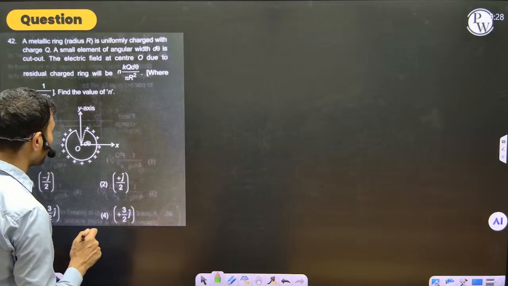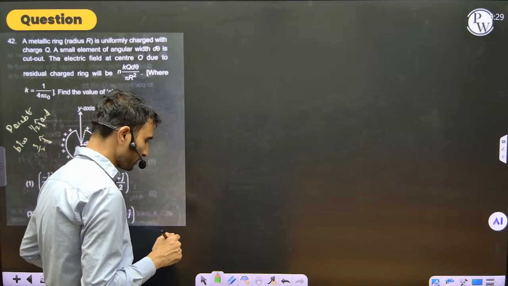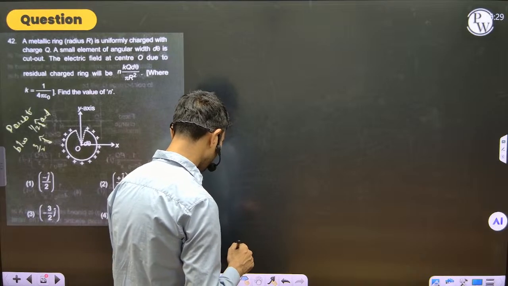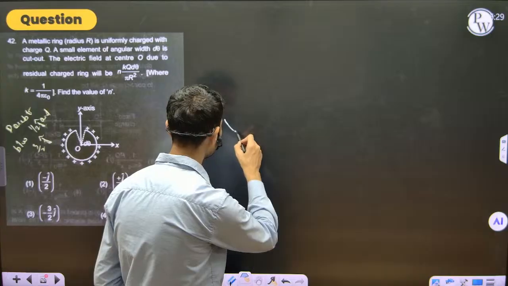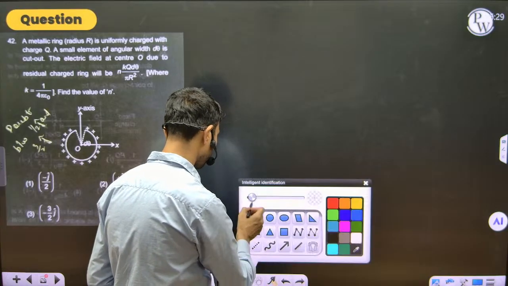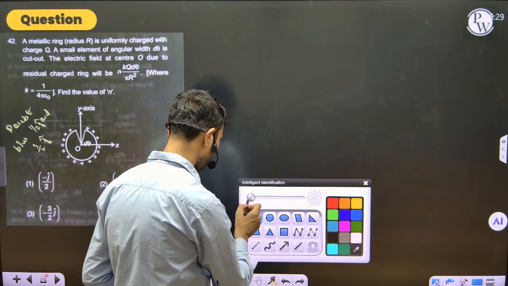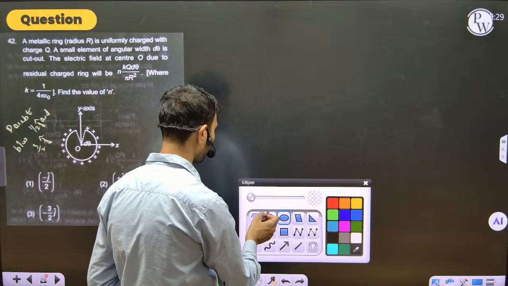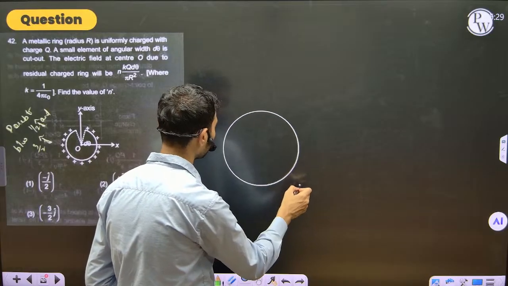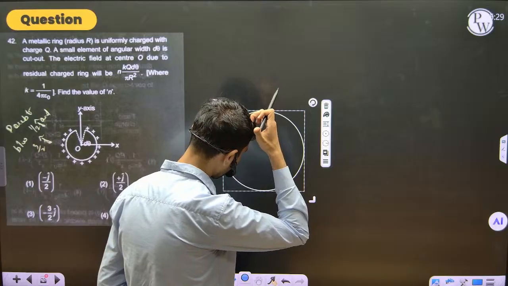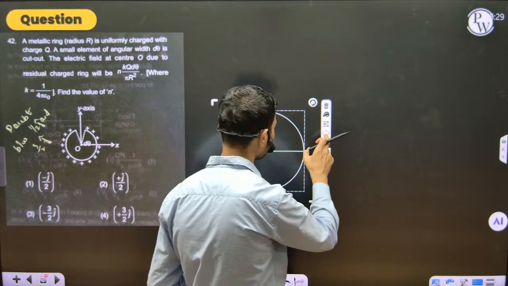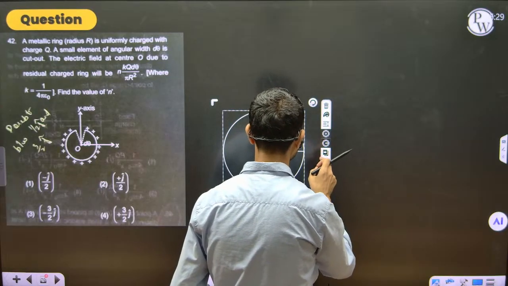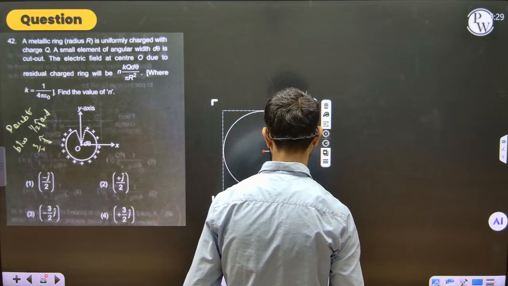Let me draw a bigger diagram here, because it will be difficult to explain there.